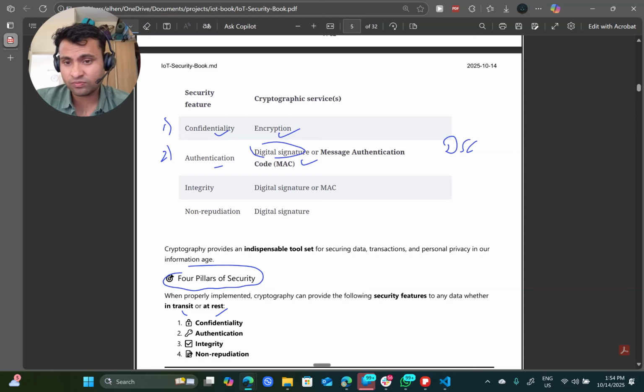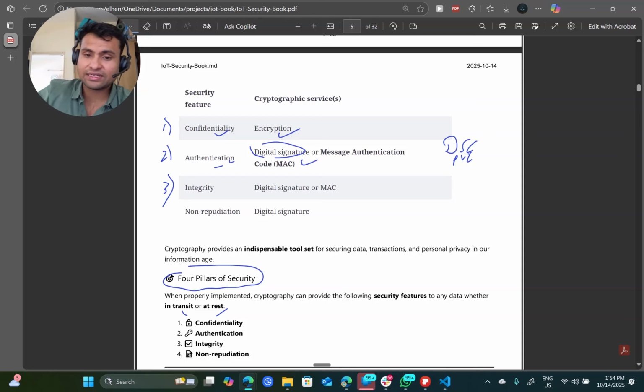Even Adobe or any PDF editor tool gives you the option to sign a document with your private key. And online signing of documents has also become quite common. So whether that person has actually signed the document or not can be ensured via authentication.